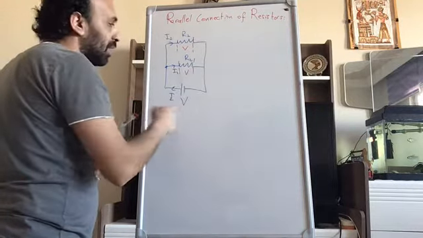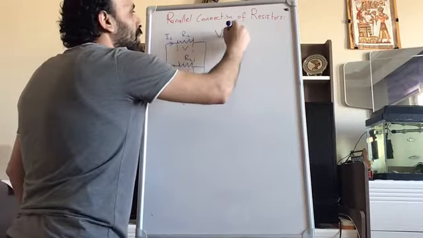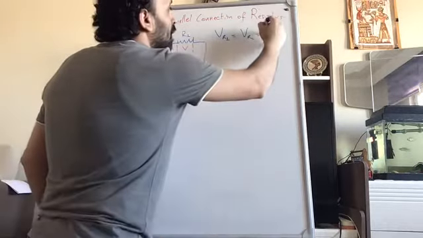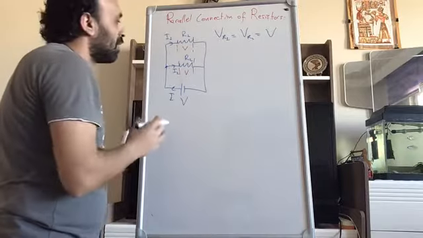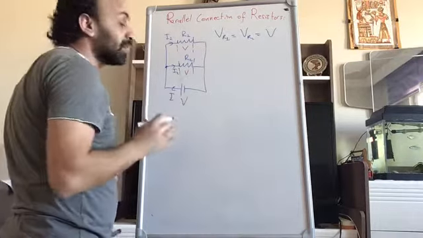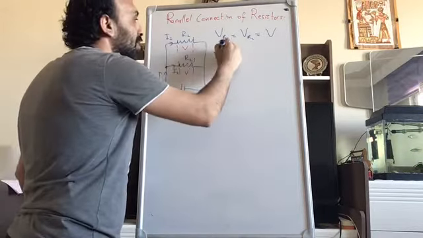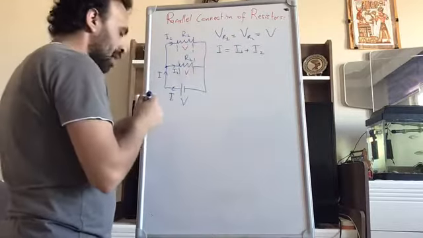So actually VR1 will be equal to VR2, which is equal to V itself. On the other hand, the currents are now different, but the electric charge conservation requires I is equal to I1 plus I2.